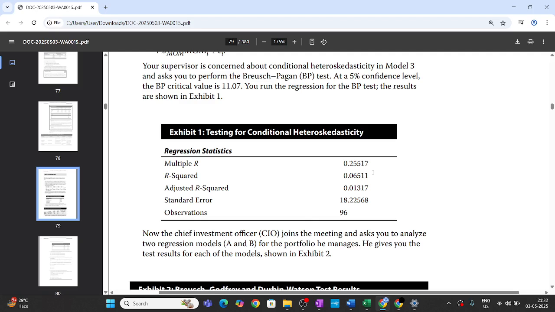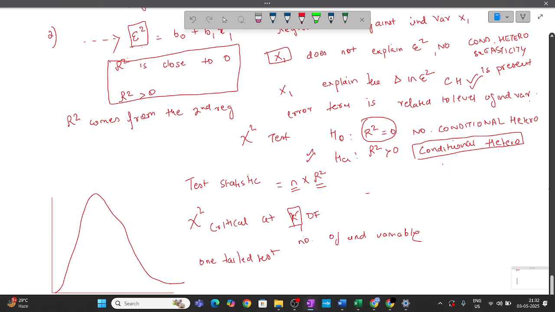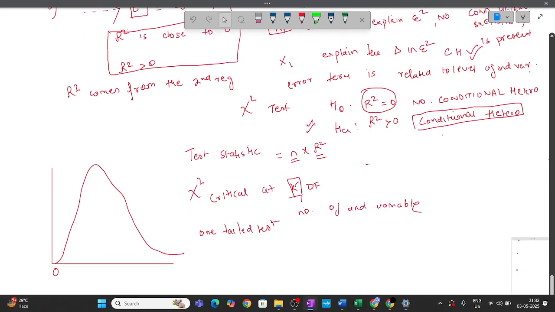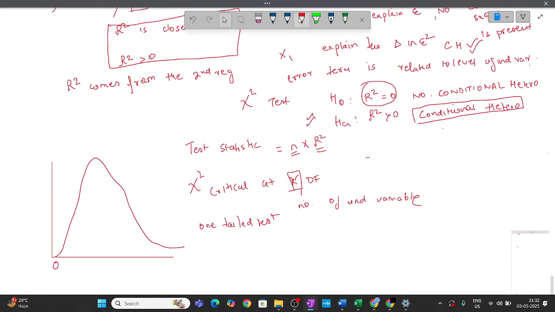So 6.25. तो 6.25 है और critical value है कितना, 11.07. ठीक है, तो मेरा 6.25 है यहाँ, and this is my cutoff value 11.07. This is my critical value.